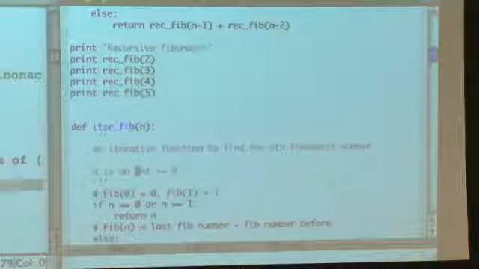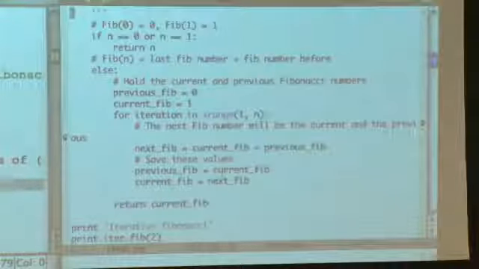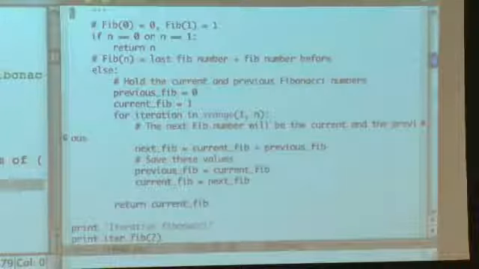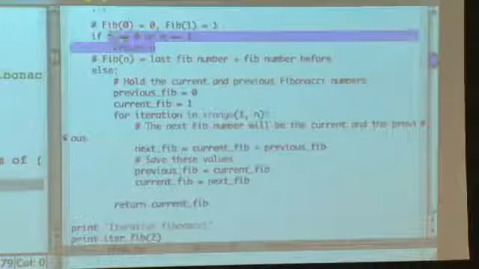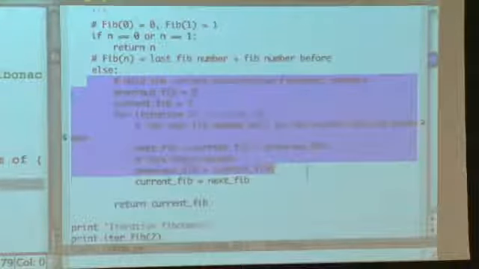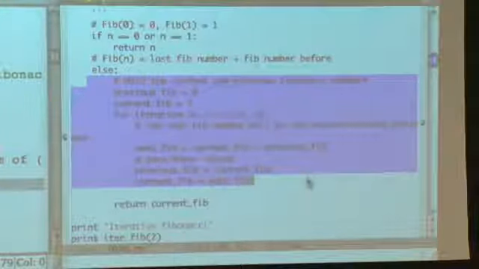So here's the iterative version of Fibonacci. We still have our base case, but when we get to what was the recursive case, we have to do a lot of bookkeeping.